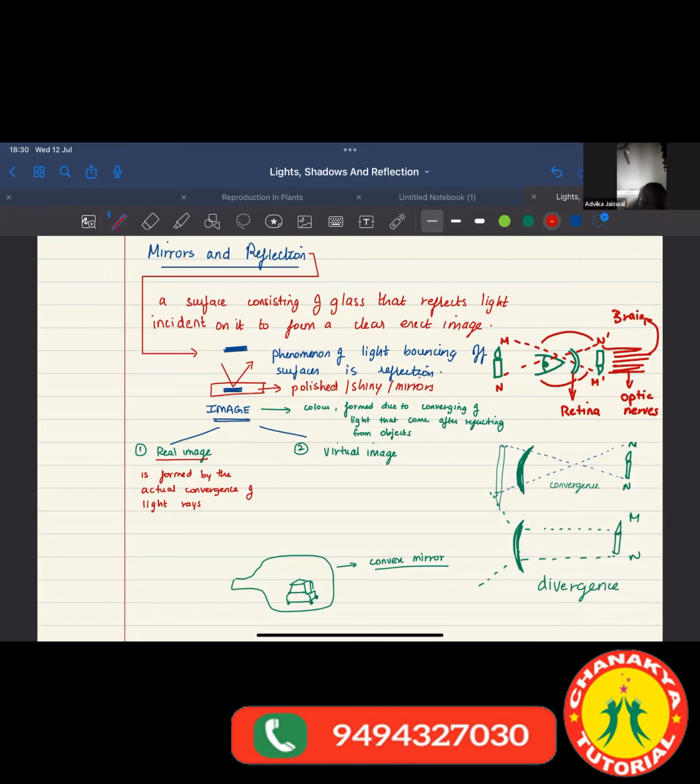Ma'am, where is the definition of virtual images? I thought it's understandable. It's the image that is formed from behind the mirror, but I'll just write it down for you.